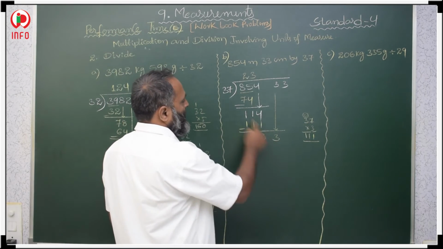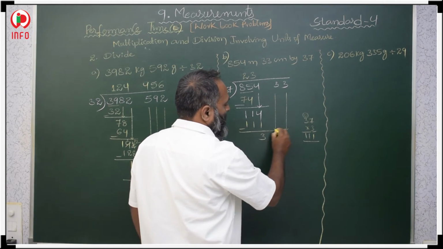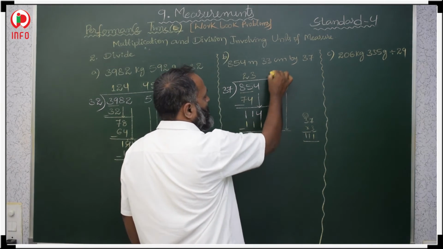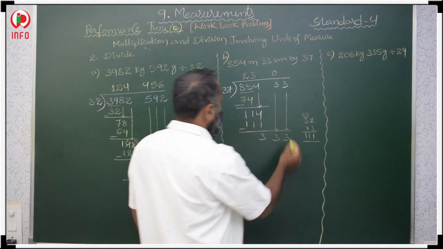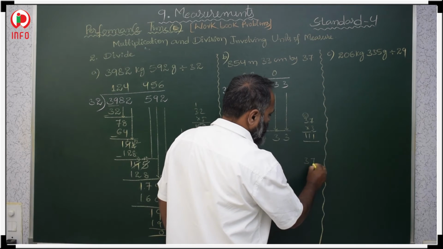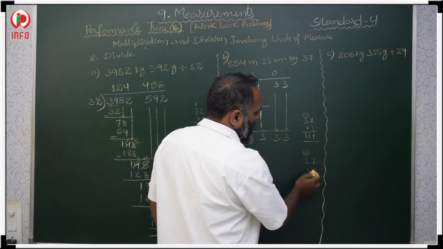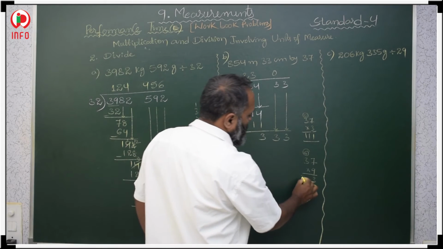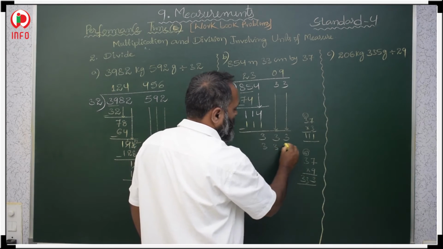Here 33 is less than this 37, again we should copy one more digit. If 2 digits at a time means we should keep 0 in centimeters, and 333, 37 9s are 333.